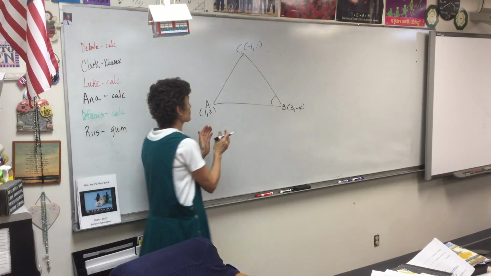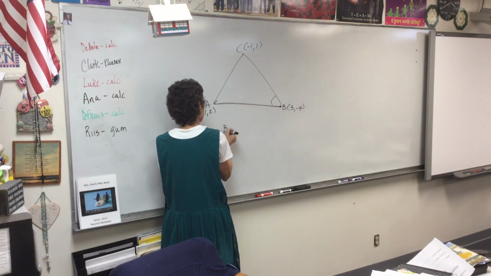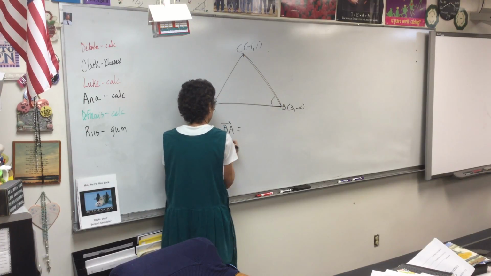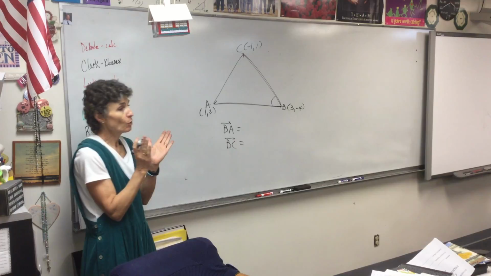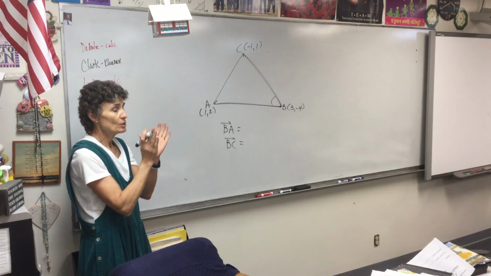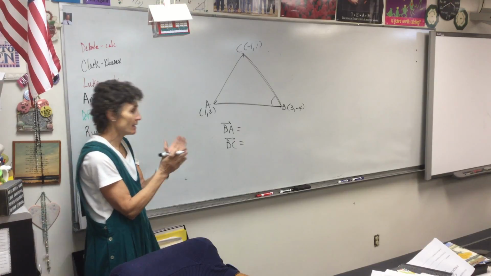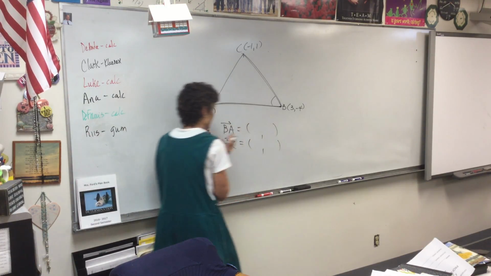And the vectors that produce angle B would be BA and BC. Now, it is important, if you are using this method to find angle B, you must be using BA and BC. Those are the only vectors that will produce angle B.